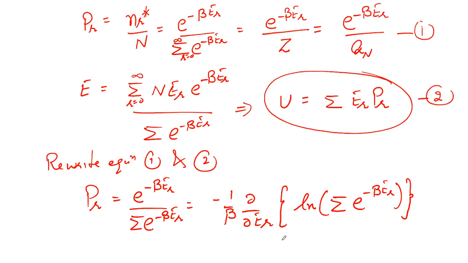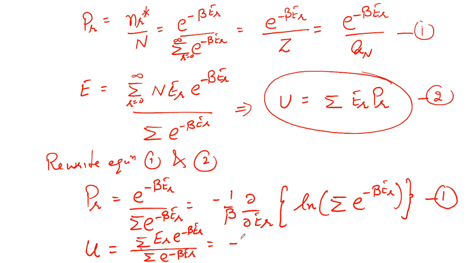When I solve this differentiation I get the same equation 1. Similarly, we can write the average energy per ensemble as the summation of E_r e raised to power minus beta E_r over the summation of e raised to power minus beta E_r.